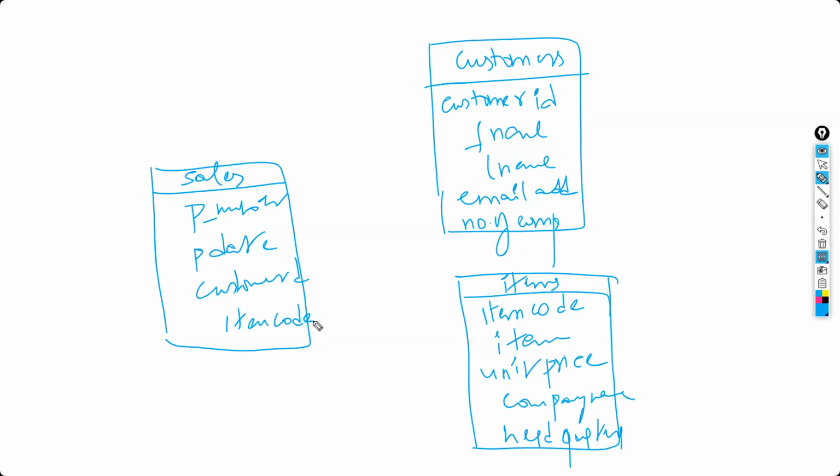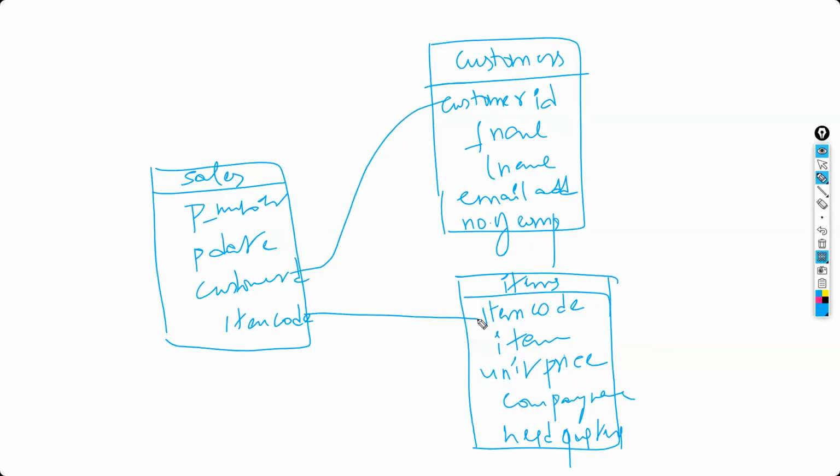After creating the 3 tables, now you are going to give the connection between the tables: which column should be connected to which column of another table. So this one will be connected to this table like this, and this one will be connected to this table like this. Drawing the lines from table to table is called a connection.